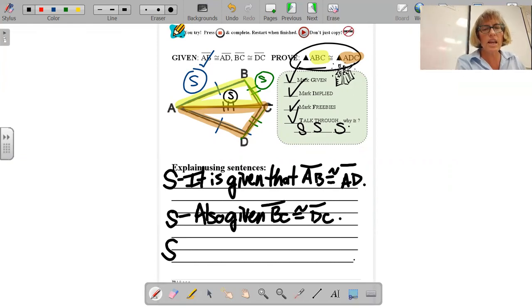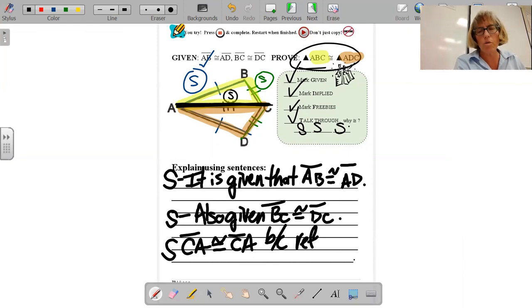Then we can say this, AC or CA, doesn't matter. CA, the side, is congruent to CA, the side, because of, that's called the reflexive property.